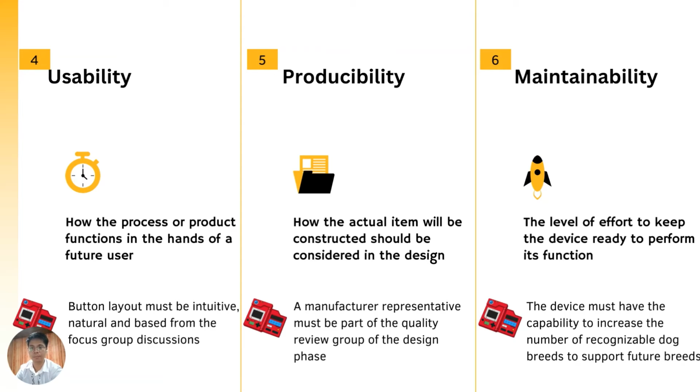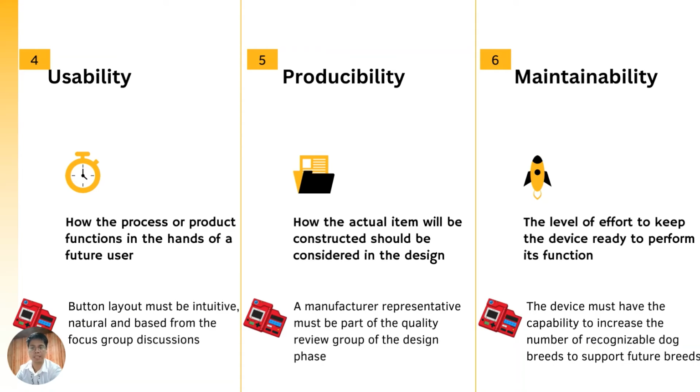Producibility is an attribute related to how the actual item will be constructed. In many cases, there is a gap between the designer and the builder, so the key is to ensure that the building function is represented in the design process and probably even in the initial requirements.